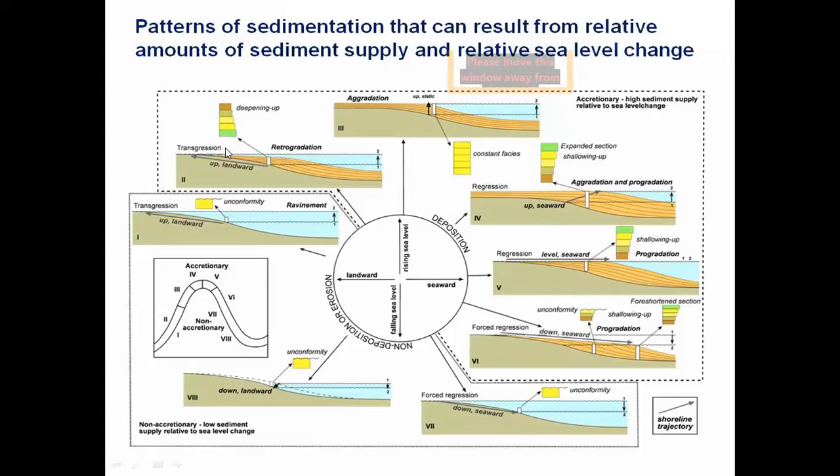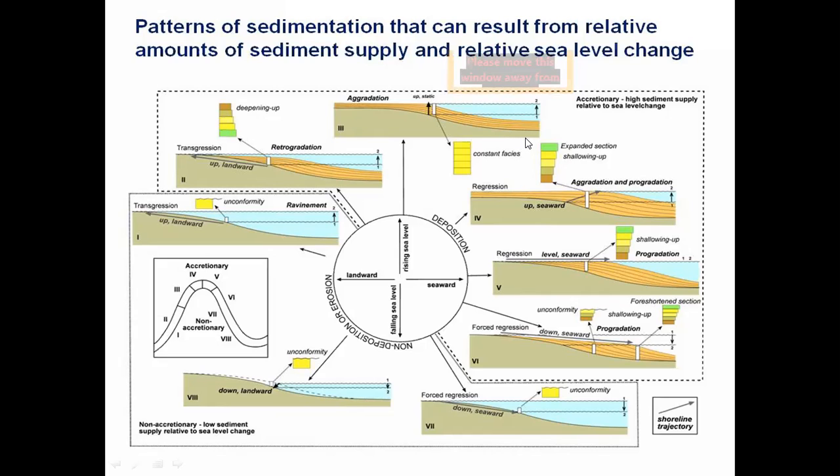Sea level is rising and moving towards the land. And as the water depth increases, gradually the finer grains will overlie the coarser deposits, or the coarser deposits will be at the bottom and the finer will be at the top.